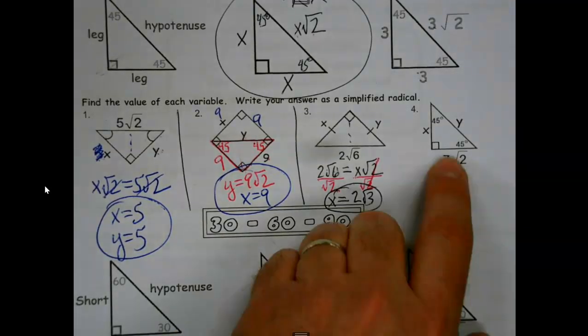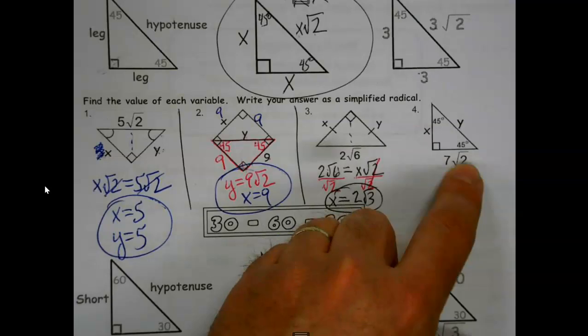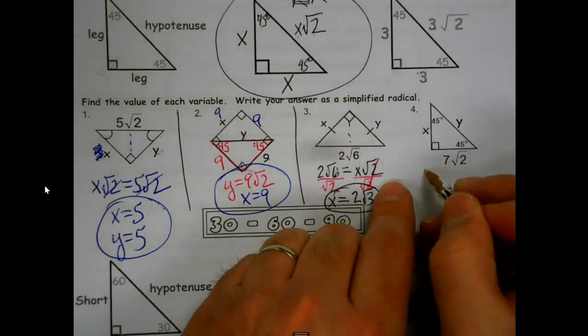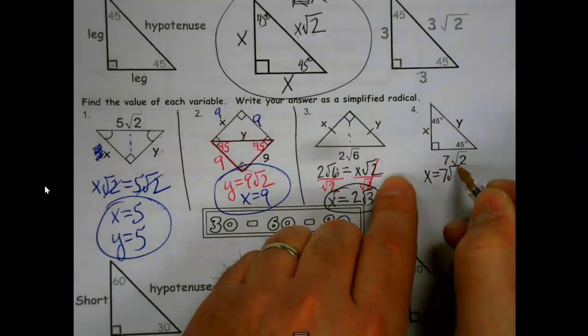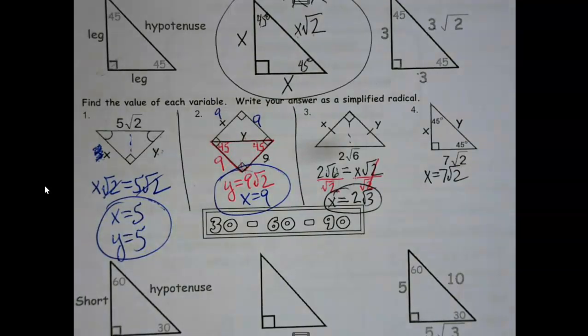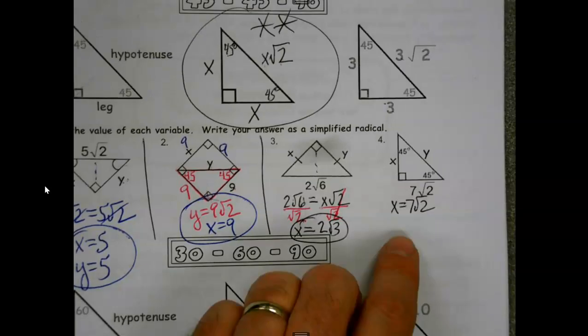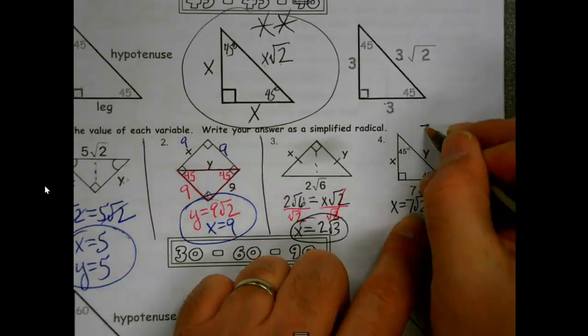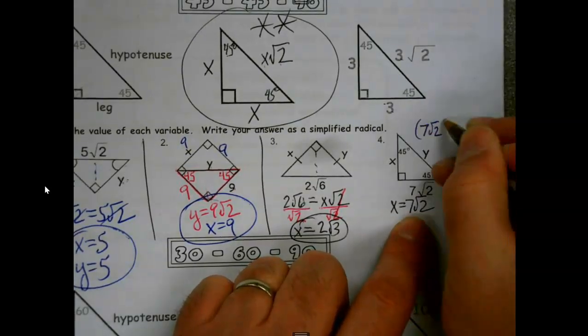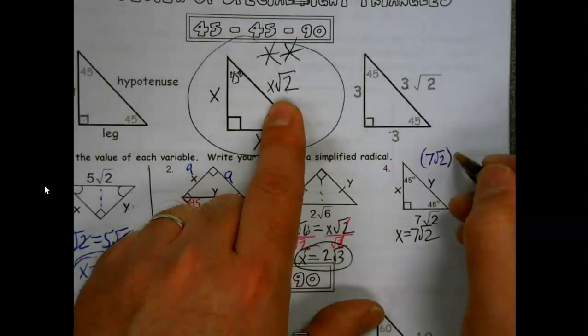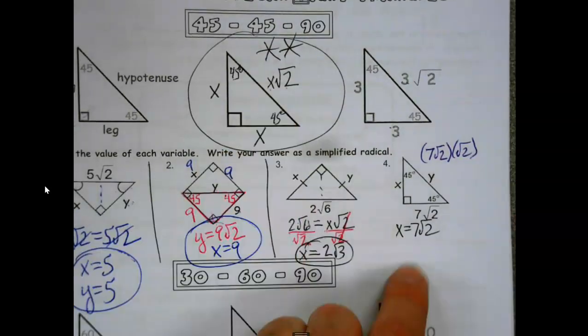Oh boy, 45. Okay, these two legs, they're the same. I get one easy one. Now, y is x times the square root of 2. Hardy, there's already a square root of 2 here.